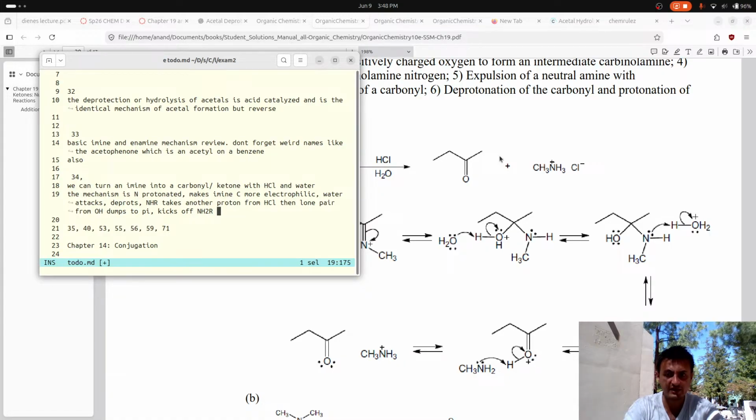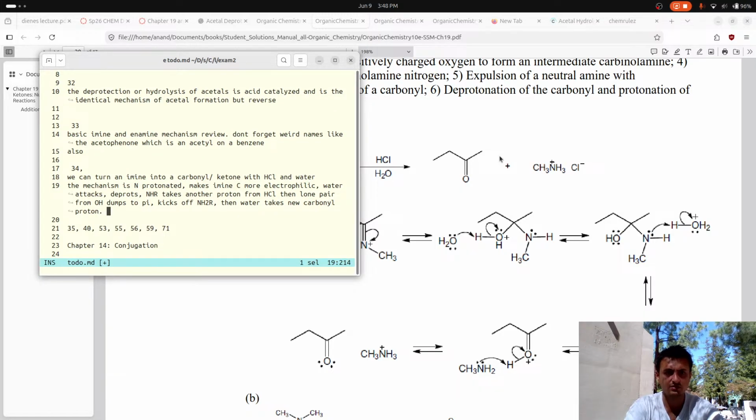Then water takes new carbonyl proton. All right, so that's okay.